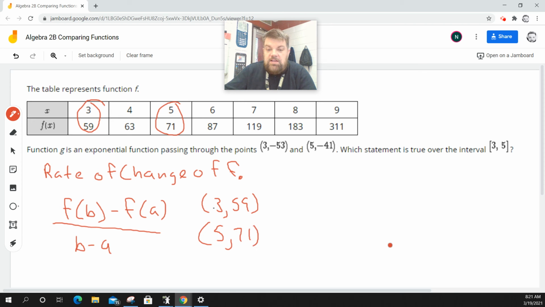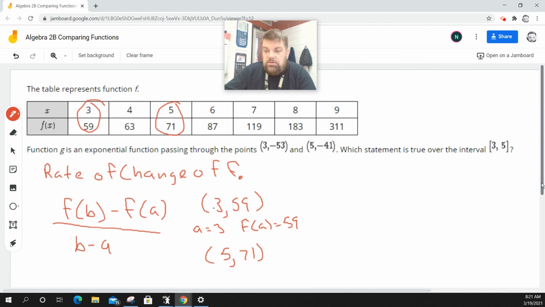From 3 to 5, and remember that a and b are, let me give myself a little space here. A would equal 3, f of a would equal 59. Then on the next one, I have 5, 71.